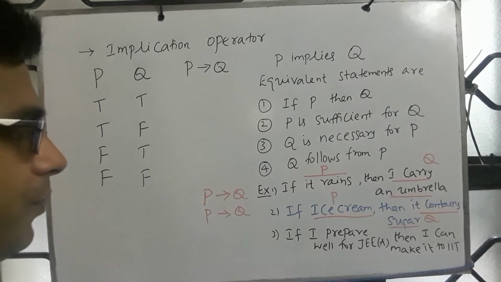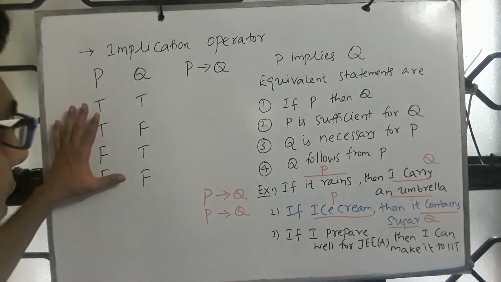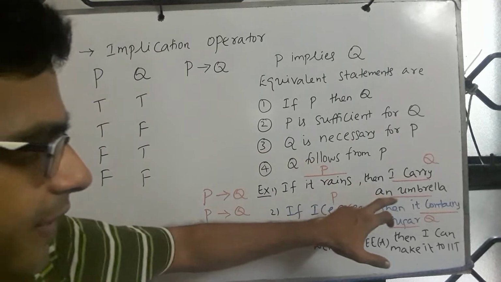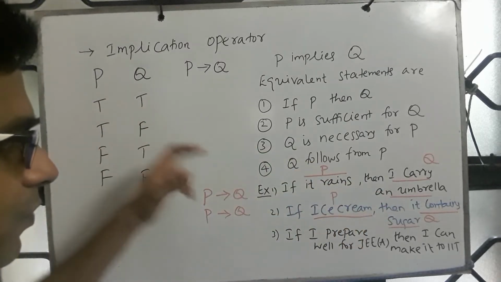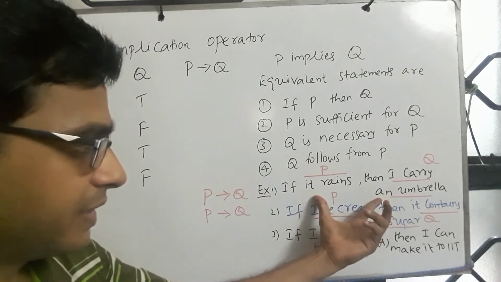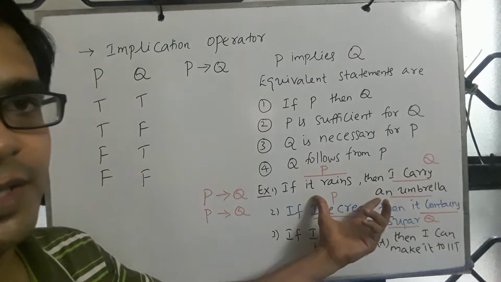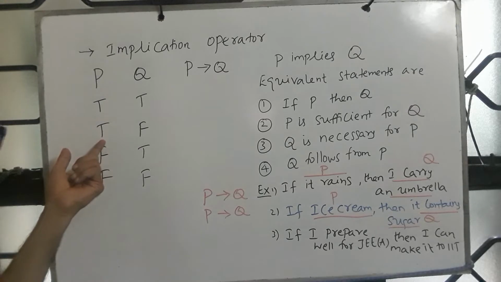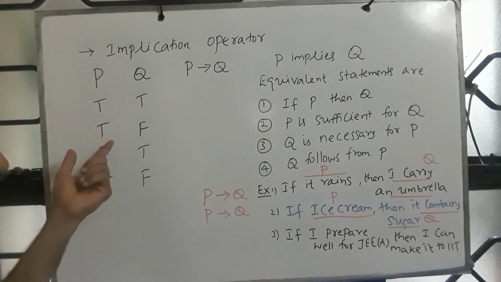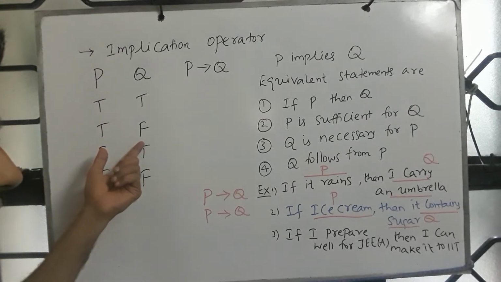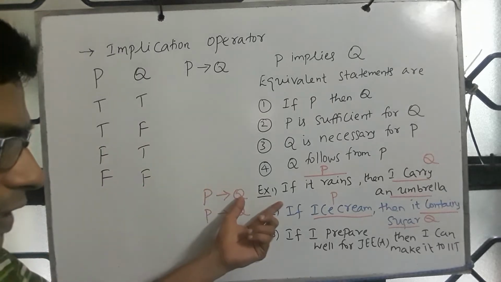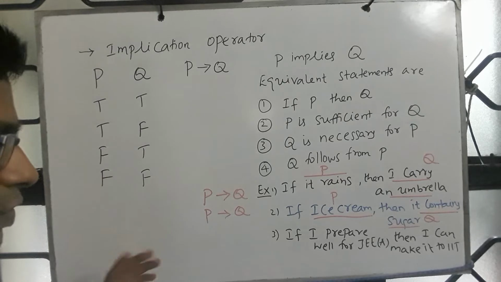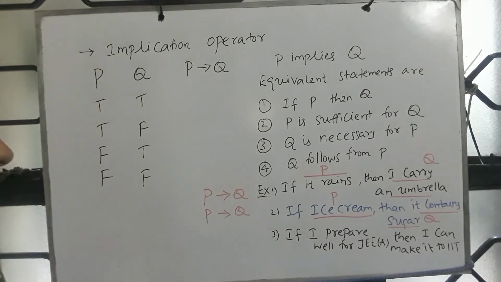Now we want to know, if it is raining is true and I carry an umbrella is true, then what is the truth value of the statement: if it rains, then I carry an umbrella? Now if it is raining is true, and I carry an umbrella is false, I want to know the truth value of the statement, and so on and so forth.